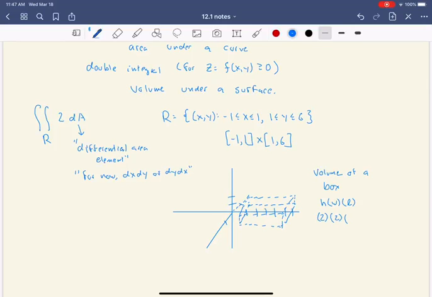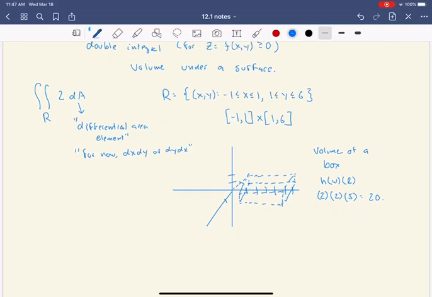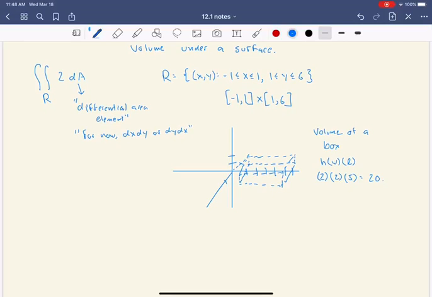And the length is going to be 5, from 1 to 6. So that's equal to 20. Okay, so we've got that. Now, we can actually also do this integral. The actual way that we were asked to do it was the way we just did, but let's do this as an integral as well.